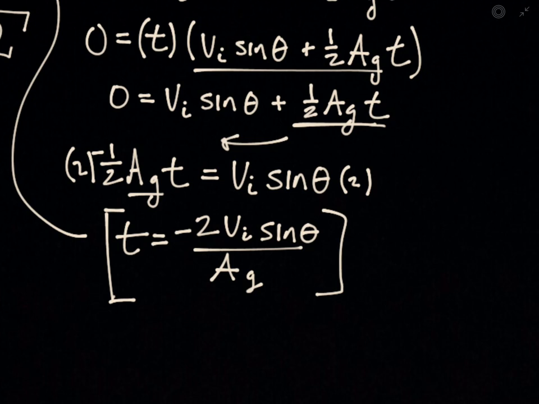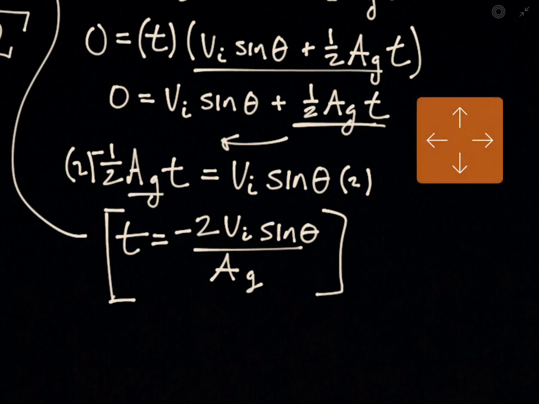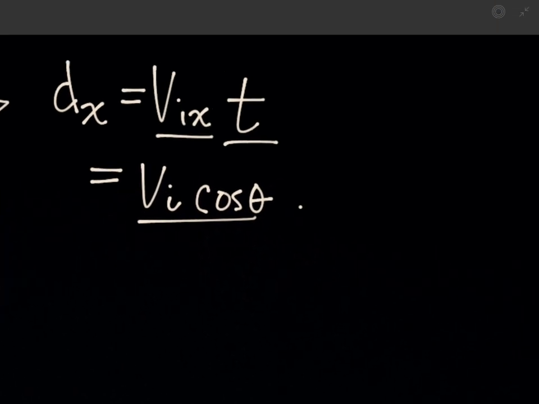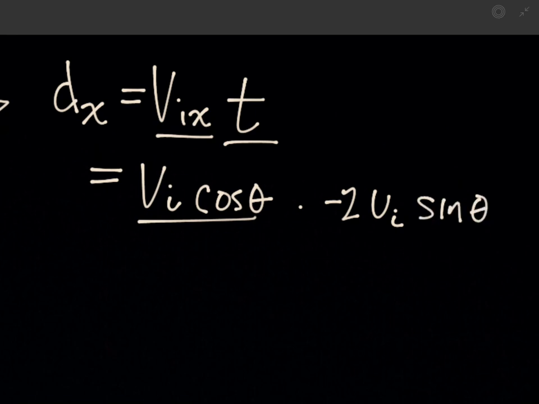You might have caught me. I'm catching myself here. All right, so times -2 times the initial velocity times the sine of theta over the acceleration due to gravity, which is awesome.